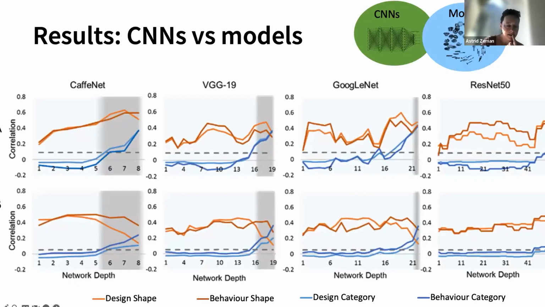This is showing the category and shape information, and it could be that, going through the network, that information only becomes relevant at the final stages of processing. And there you want to have a maximally distant distinction between different categories.